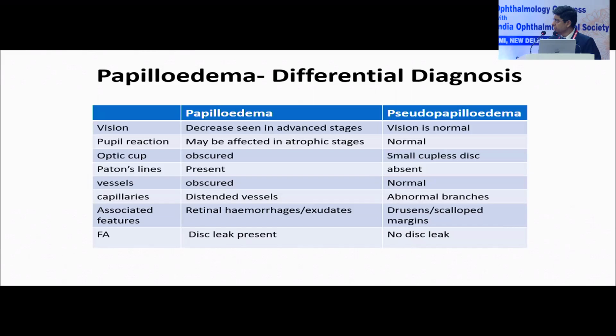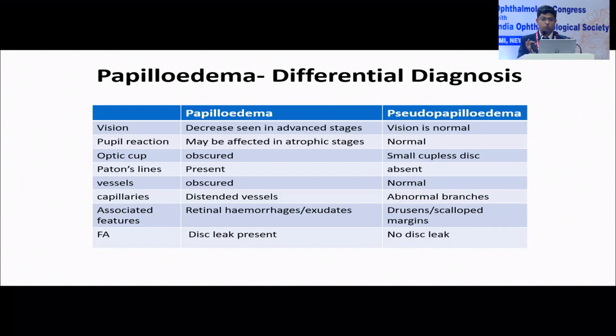The key important thing: if you have bilateral disc edema, you need to look for papilledema versus pseudopapilledema. You need to be sure whether it's true or just appears to be edematous. The key signs would be obscuration of vessels and clear edema. A lot of times small children with hyperopic discs are referred, extensively investigated, LP is done, repeated imaging is done, and they just have hyperopic discs with mildly blurred margins.